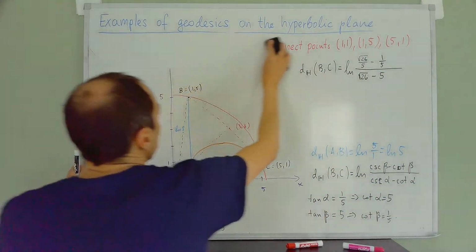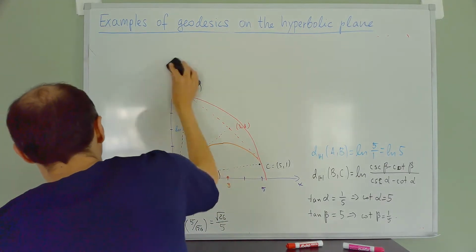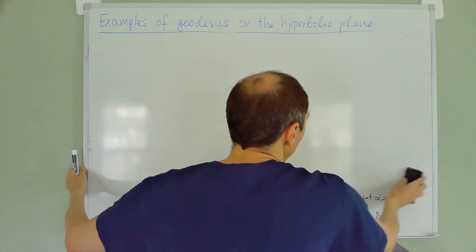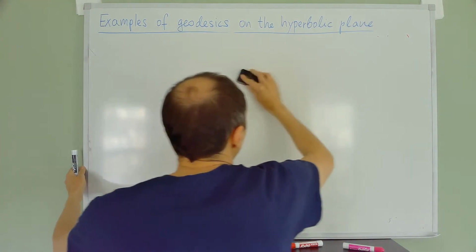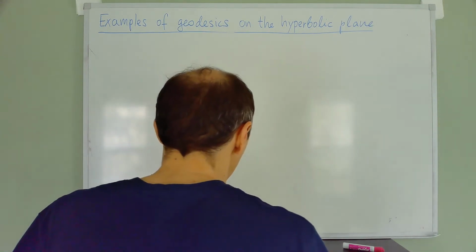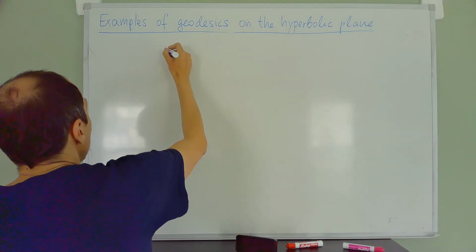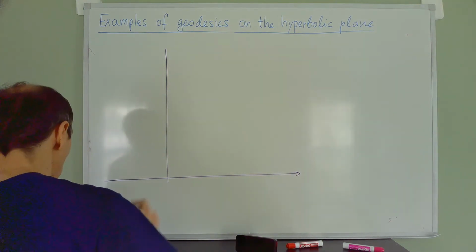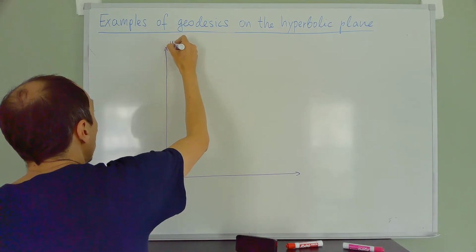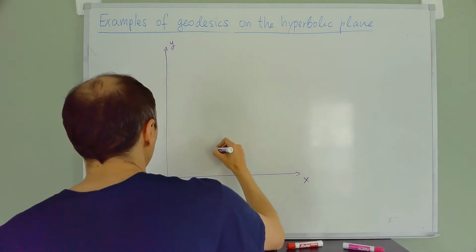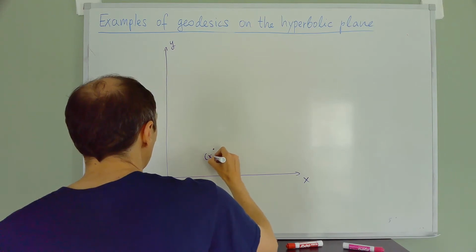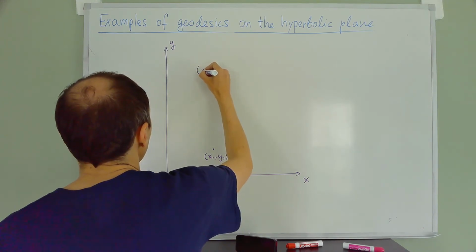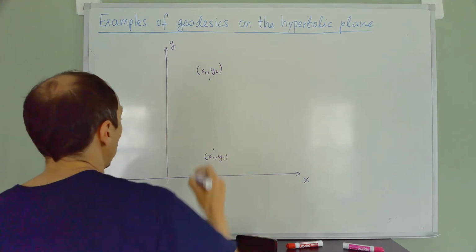Okay, and I wanted to finish this with one important observation that concerns points that are vertically aligned. So suppose we look at the following 2 points. I take a point x1, y1, and then I take a point right above it, x1, y2.